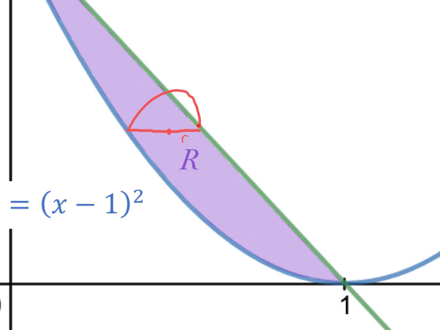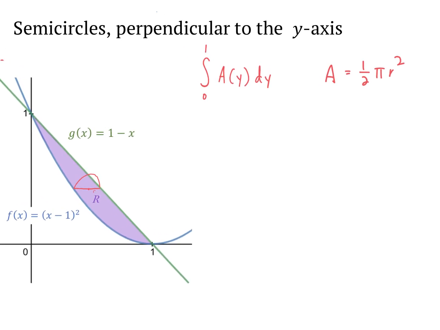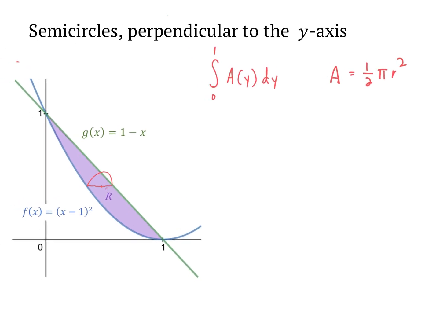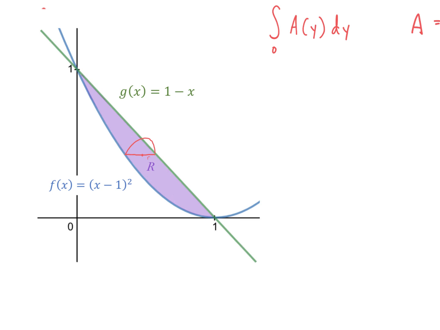The radius of this semicircle is really half the diameter, so it's half of whatever we get when we subtract these two functions. And that radius also has to be in terms of y, so we've got to get these functions in terms of y. We already did that before, so I'll just rewrite them.